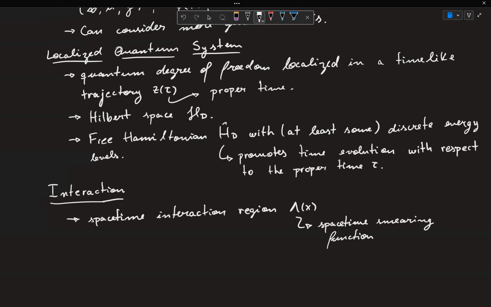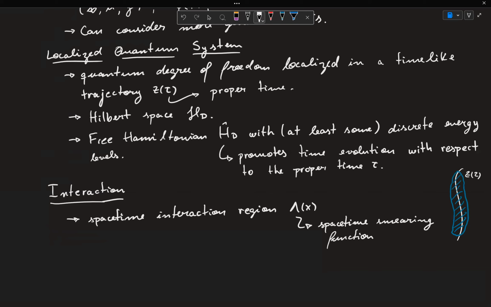And pictorially, what's happening is that there's this trajectory z of tau, and the interaction between this quantum system and your field will happen in a region which is basically determined by the support of this lambda of x. So you're assuming that this lambda of x is strongly supported around your trajectory from an initial time to a finite time.